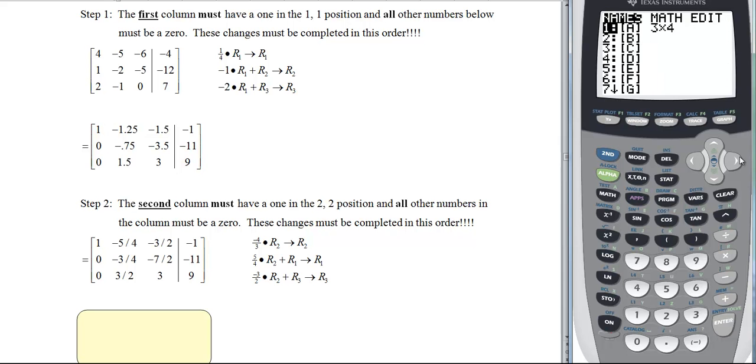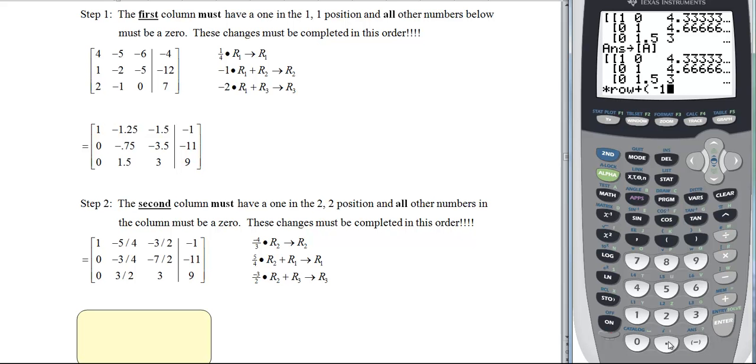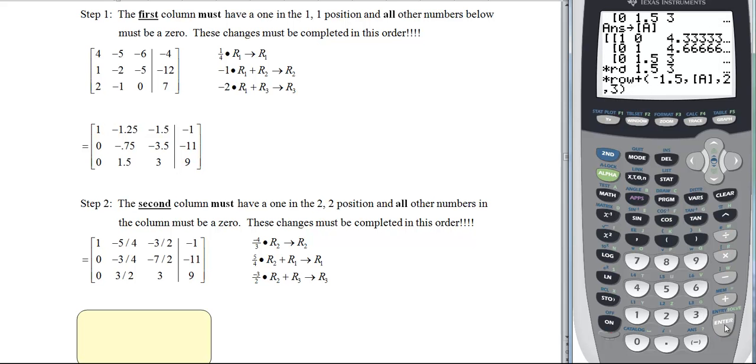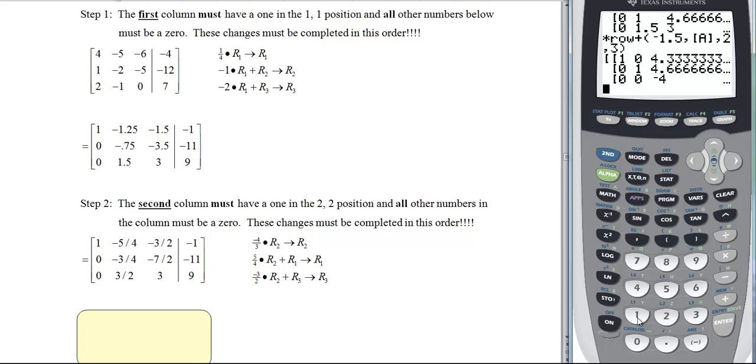Second matrix over, up to there. I need a negative. You could do 1.5 if you wanted, comma, second matrix, tell it the matrix I need, comma, 2, comma, 3. And there's that 0. So store second matrix.